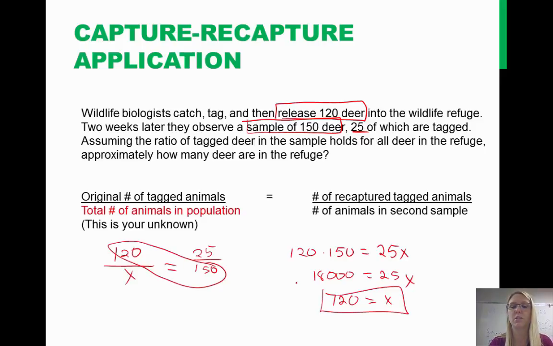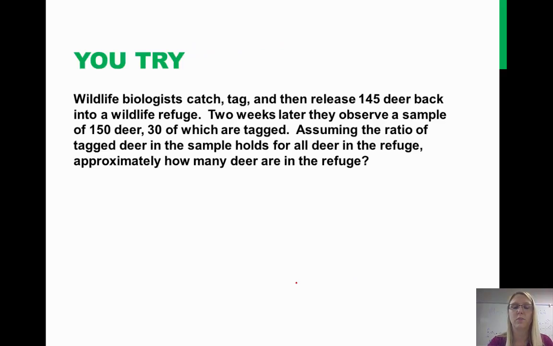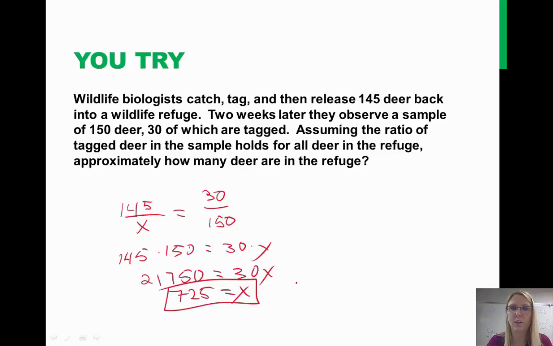That's an approximation, and it's probably a pretty good approximation. So now I want you to pause and try the same type of application for this. Did you get 725? That's what I got.